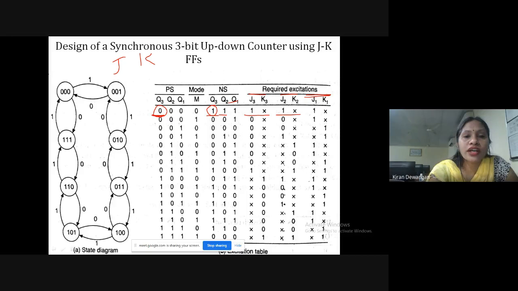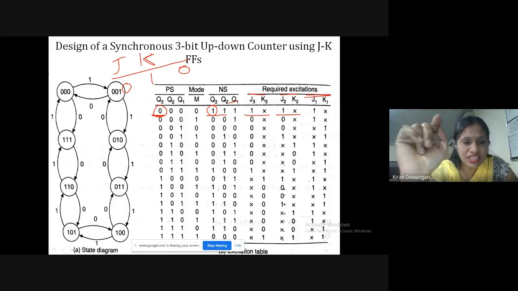Okay? So what happens in the case of a JK flip-flop, let me remind you, when this is 0 and this is 1, what happens? The output is 0. That is, it is a reset state. When this is 0, this is 1, the output will be 0. It's a reset state.